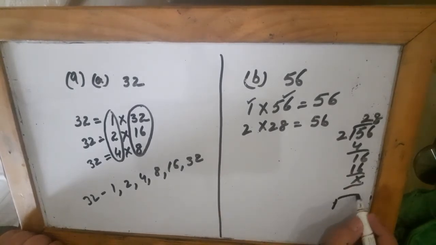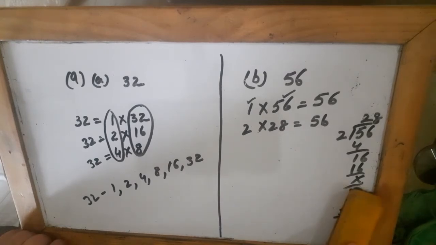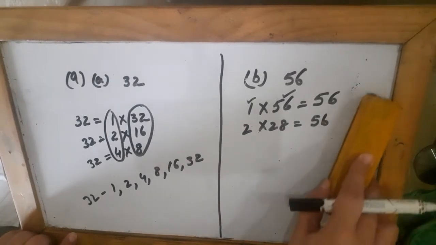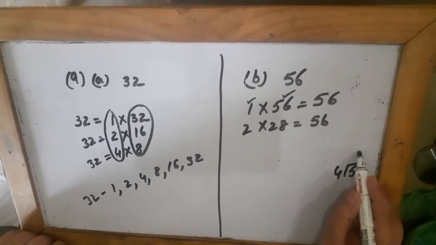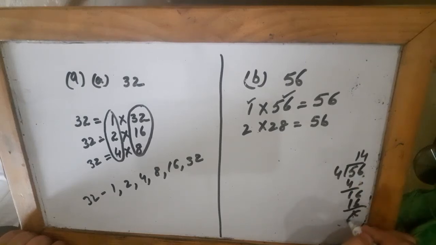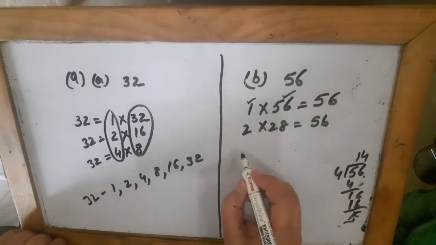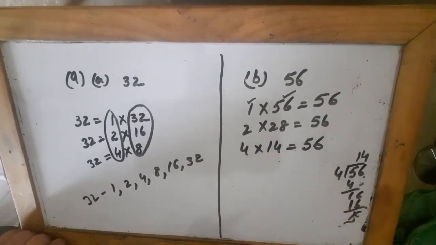Now 56 with 3. 3 1s are 3 and you get 2 and 6. This 26 is not divisible by 3, so 3 is not a factor of 56. Now 4. You can divide 56 by 4. It is exactly divisible, so 4 14s is 56 and 14 4s is 56.